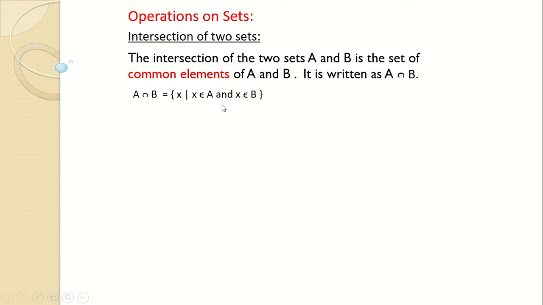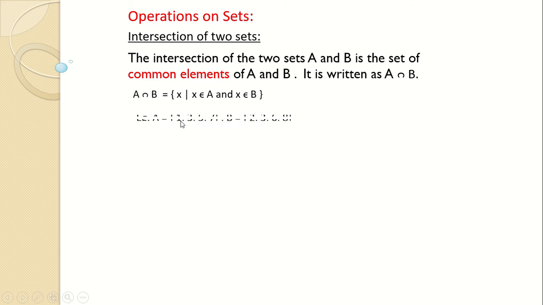So this word and is very important. While we solve the word problems, we will come across these two words, and and both. So whenever you see the word and or both, you should understand that it is intersection.